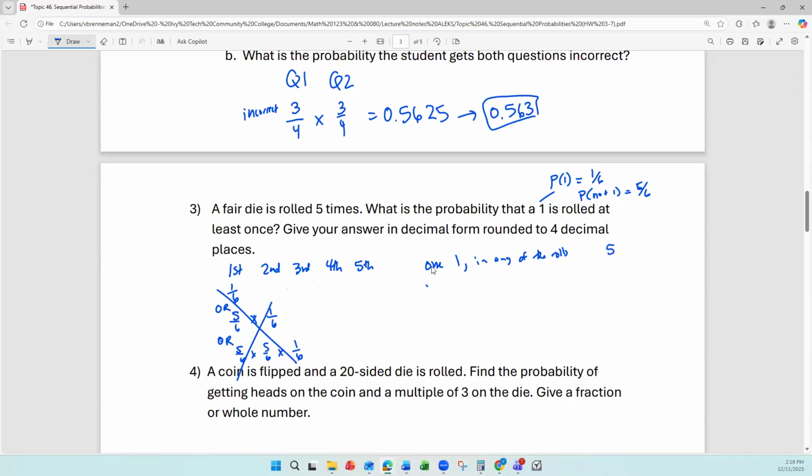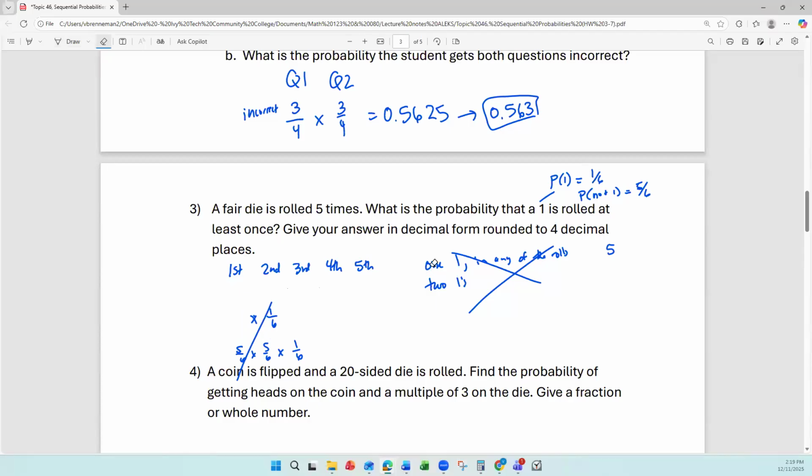But if there are 2 1s, then you have to figure out how many ways are for the 2 1s to be positioned amongst the 5 rolls. And that gets more complicated. And you have to add those. So don't want to mess with that either. So this is a case where it's easier to look at what is this not.